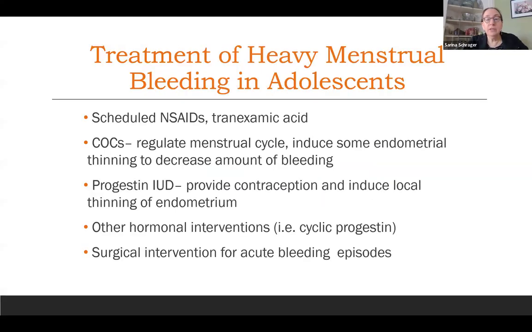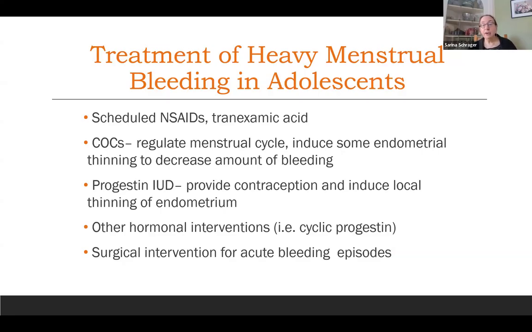So treatment in this situation, if you have somebody with heavy menstrual bleeding, scheduled NSAIDs can significantly decrease the amount of bleeding. A couple studies have shown that scheduling either your ibuprofen or your naproxen can decrease the amount of bleeding by 30 to 40%.